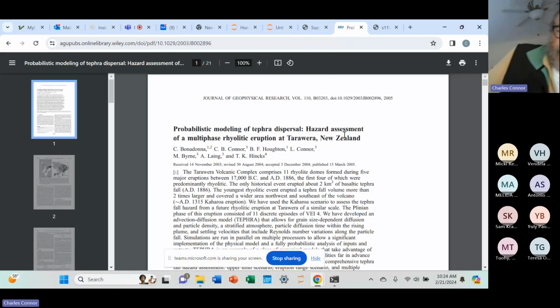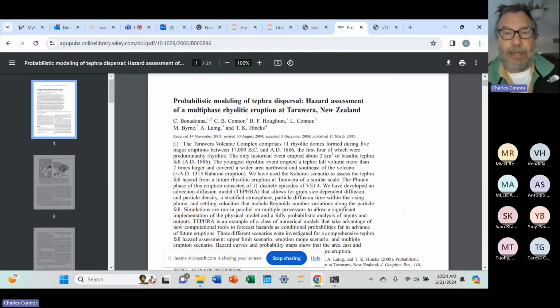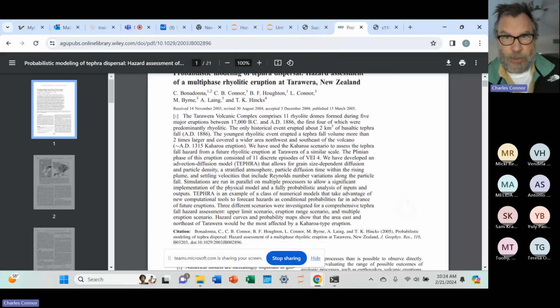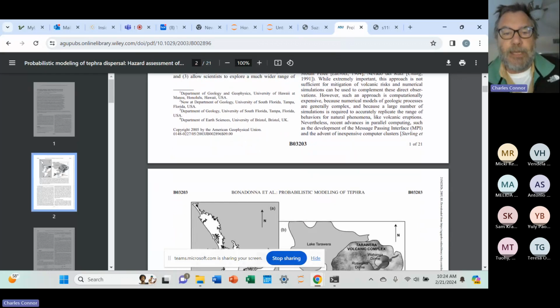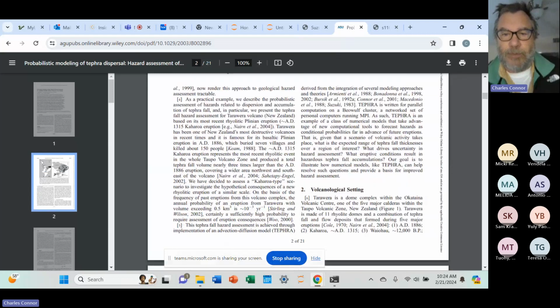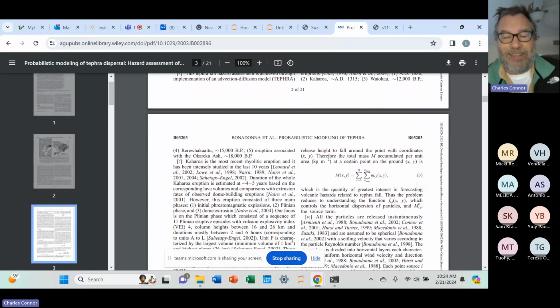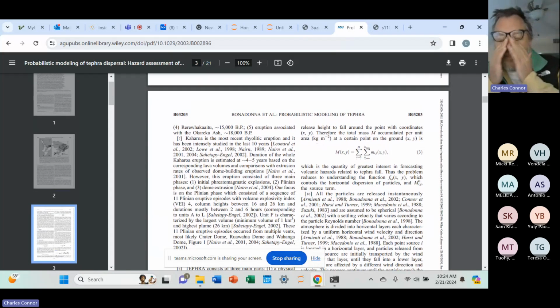This is by Costanza Bonadonna and a bunch of other colleagues working on these Tephra models to try to characterize volcanic eruptions, and it's with this application to Tarawera in New Zealand. And so basically, if we go down, one thing I want you to see in this paper is it turns out there's a lot more volcanology in this paper, right?